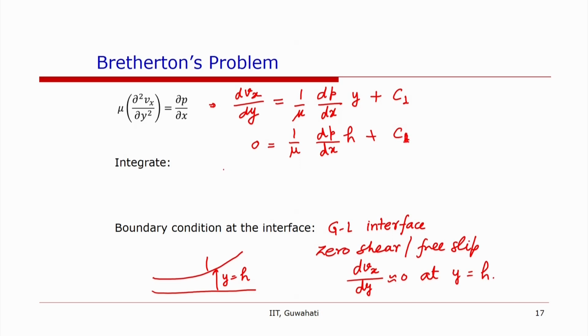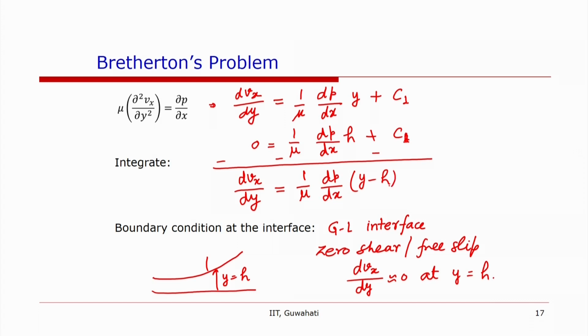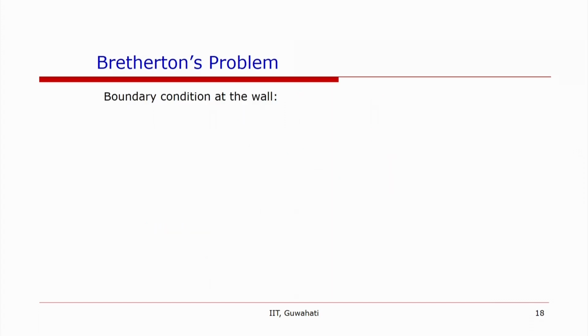This gives us, if we subtract the two equations, dVx over dy is equal to 1 over mu dp by dx into y minus h. Let us integrate it further and apply the boundary condition at the wall.